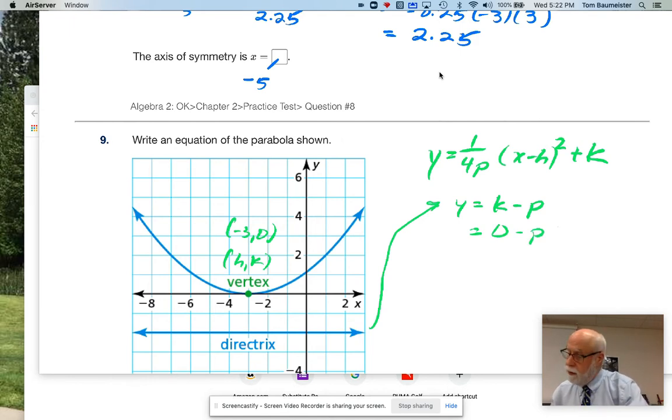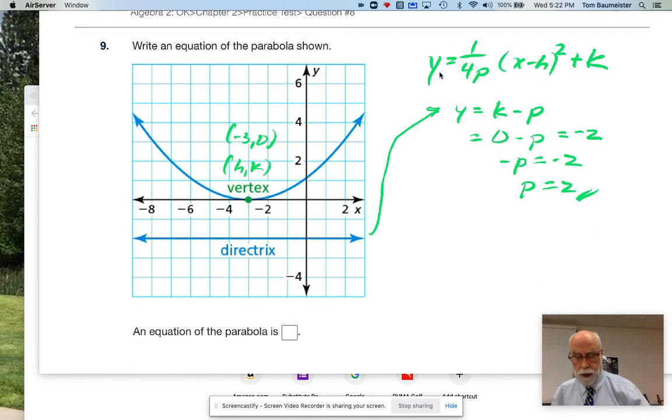And I just told you we could see that it was equal to negative 2. So again, if I have negative p equals negative 2, I'll have that p is equal to 2. So then we're going to just plug that into our equation. Y is equal to 1 over 4 times 2.